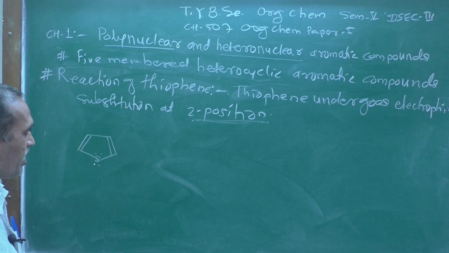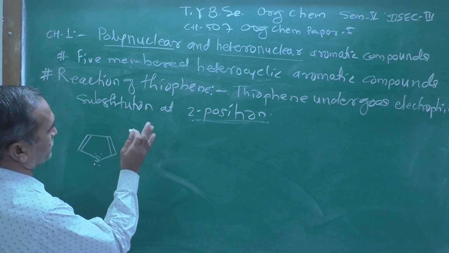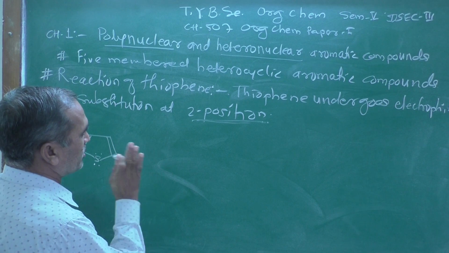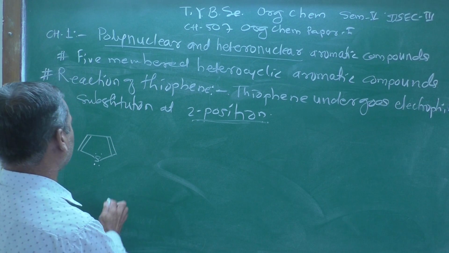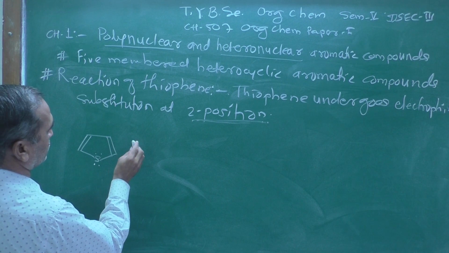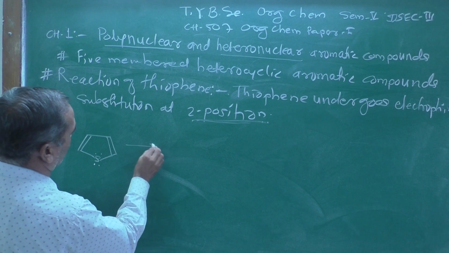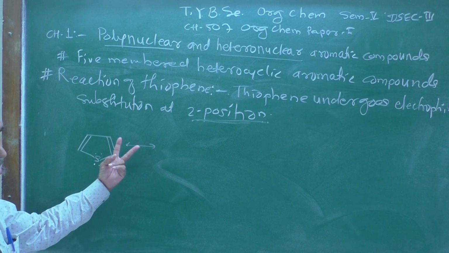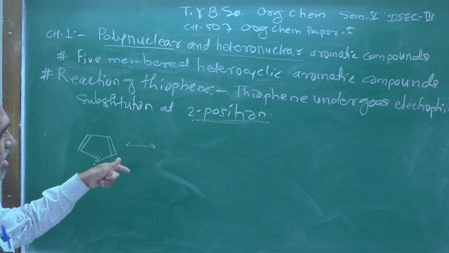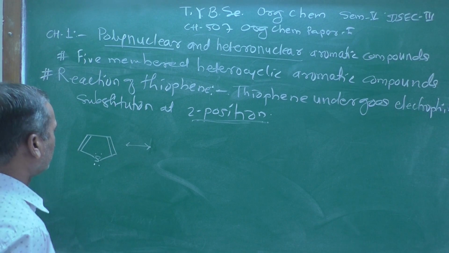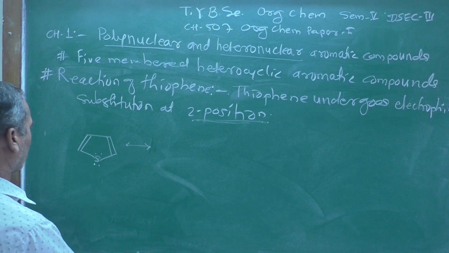The explanation we are illustrating and elaborating here. Let us see. I am showing this arrow. You know that it is a double-headed arrow, and a double-headed arrow indicates resonating structures, which can be interconverted.